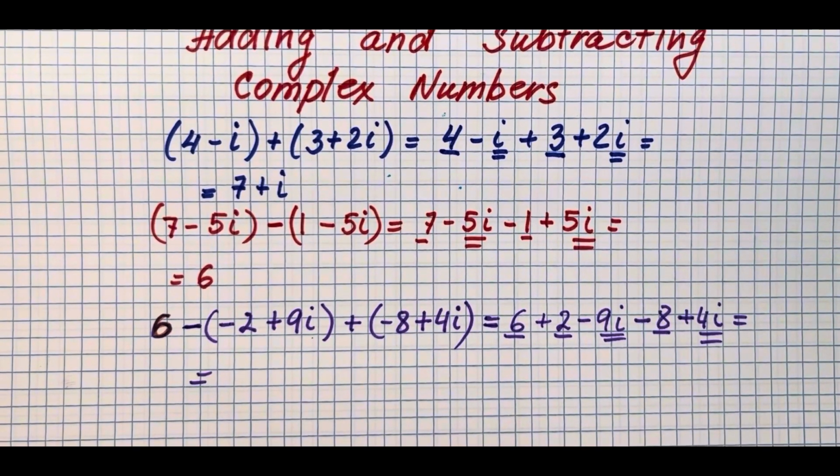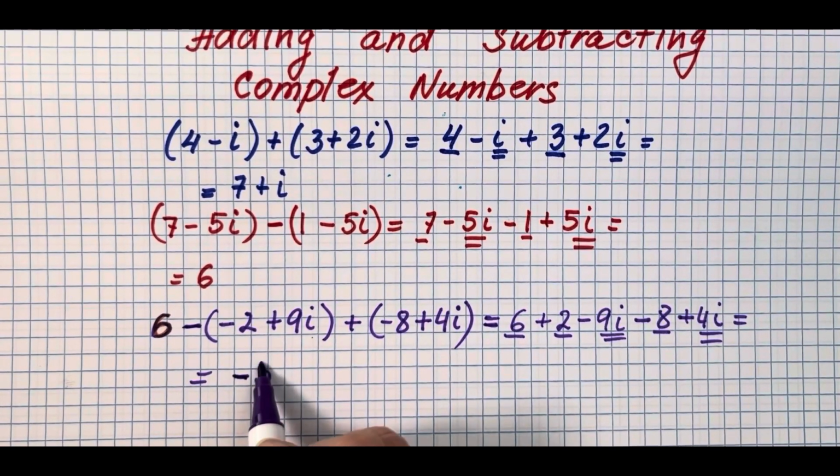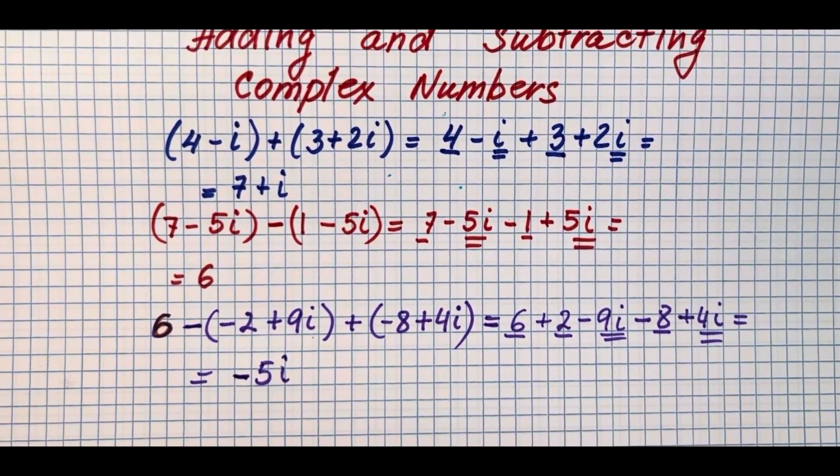They cancel out, right? So negative 5i and plus 4i, we have negative 5i. So we have only an imaginary part. We don't have a real part. And in this case, we have a pure imaginary number.